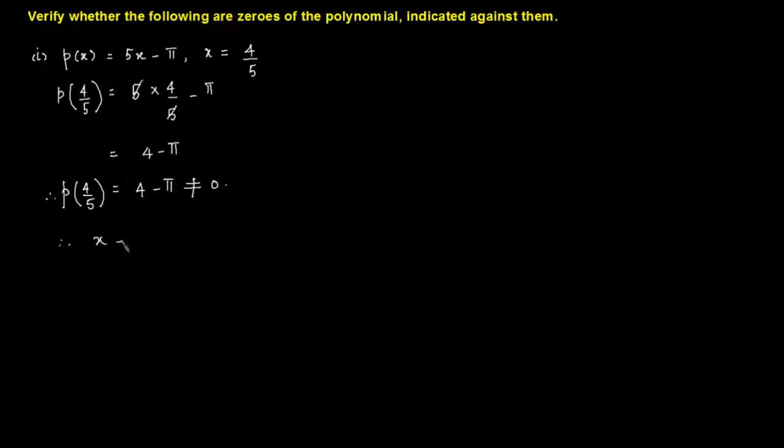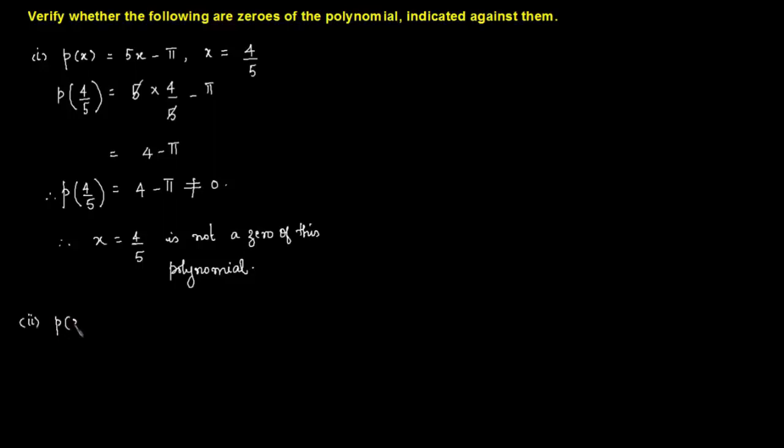Therefore, x is equal to 4 by 5 is not a 0 of this polynomial. Now let us do the next problem.